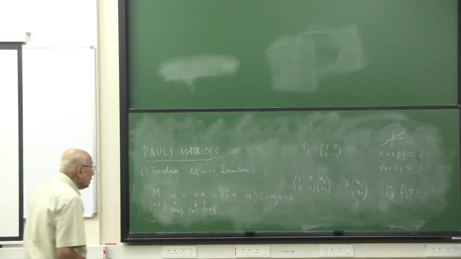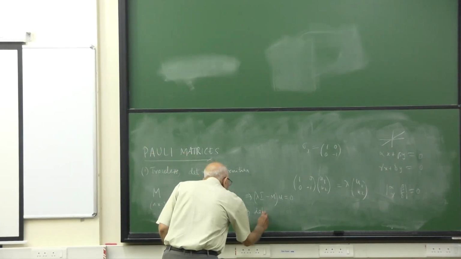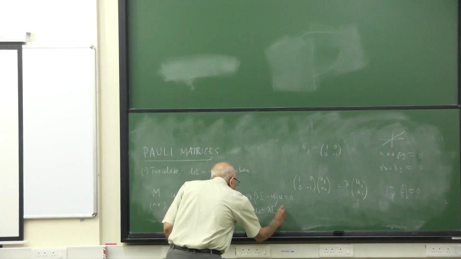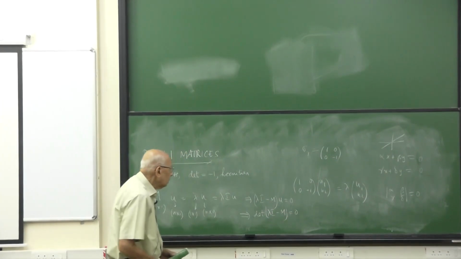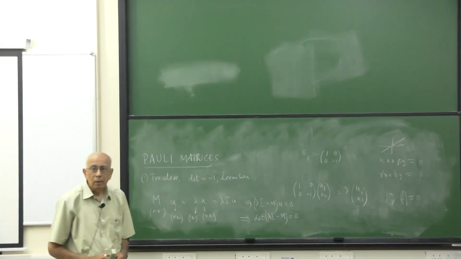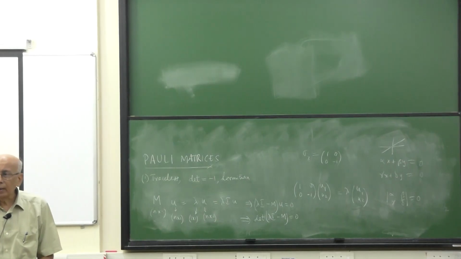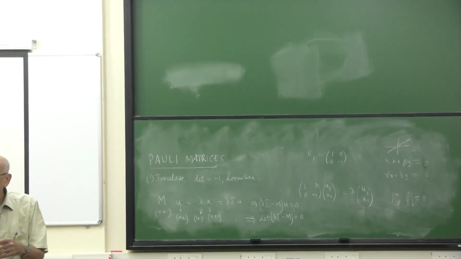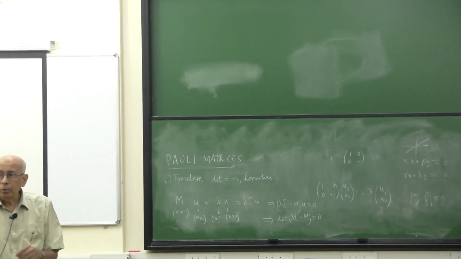So the solutions are determinant of lambda I minus M equals 0. You can then find u1, u2, u3, etc.